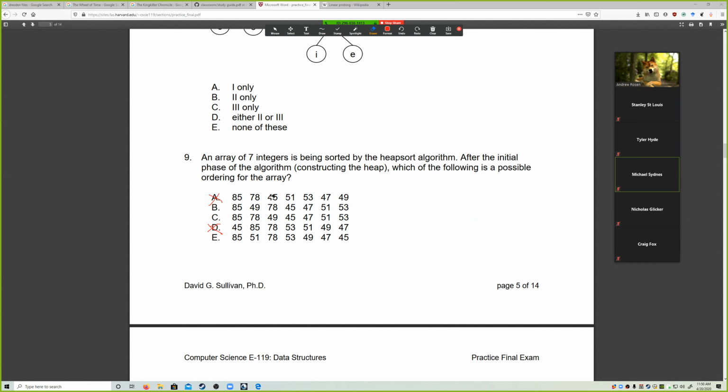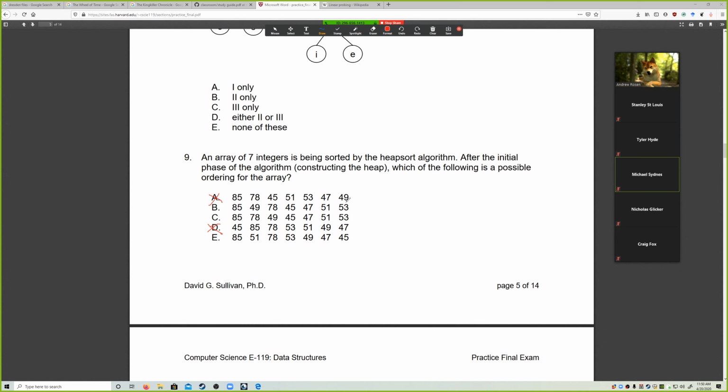The other way we can do that is to remember that formula you can use and say to ourselves, hey, 85's children are 49 and 78. Great. 49's children are 45 and 47. Awesome. It's bigger than those. 78 is bigger than 51 and 53.